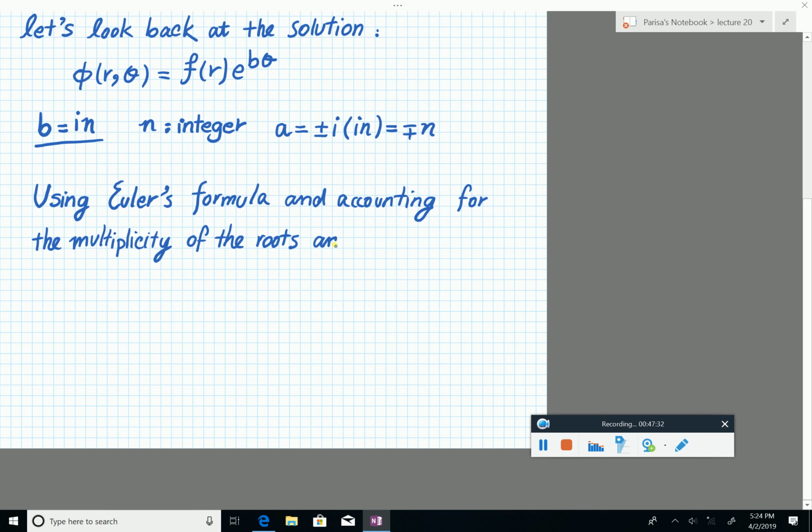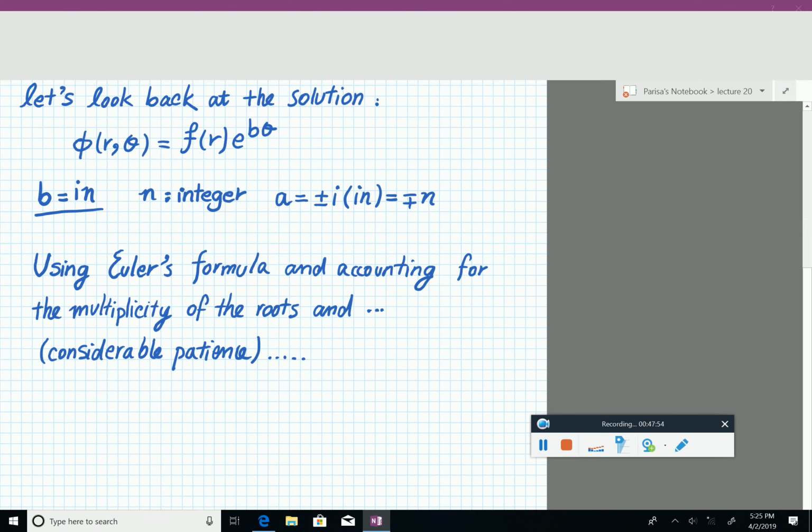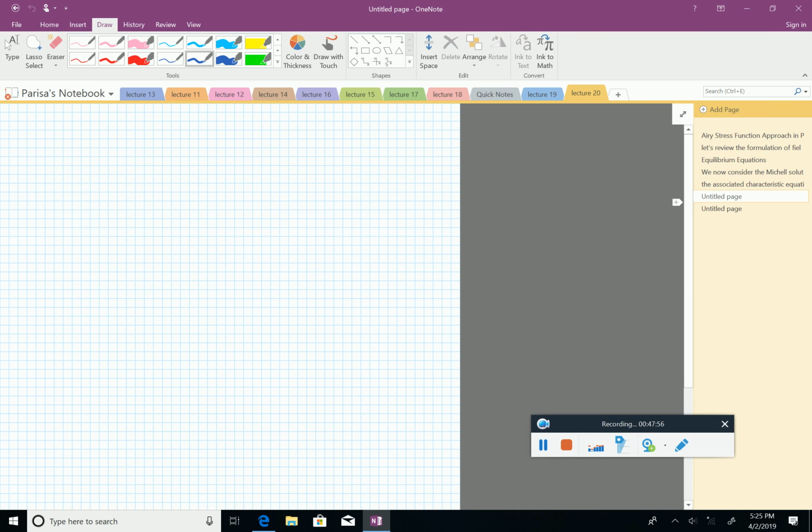And I add considerable patience, right? Okay, so a lot of dots here because that will take a while to do.